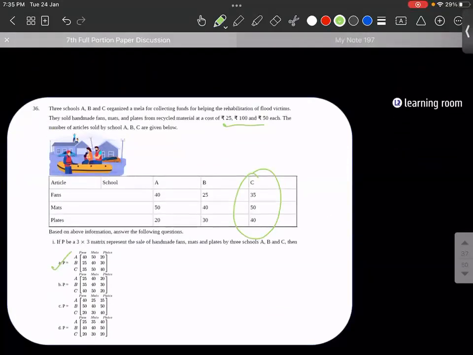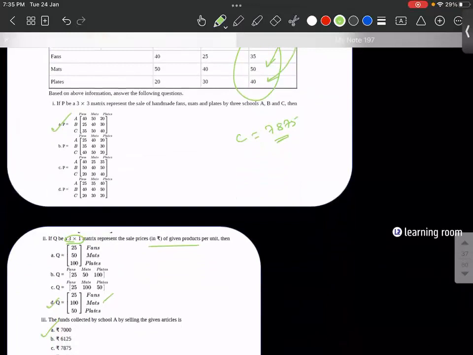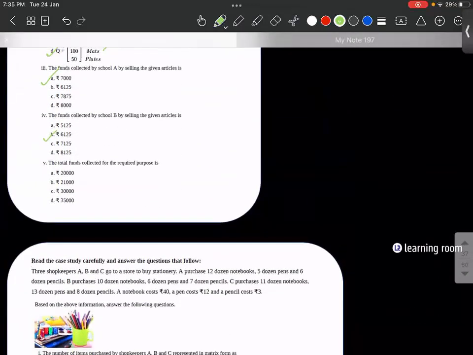So school C, how much did it come to? It should come out as 7875 when you multiply the corresponding values. When you add the total funds, that should come to 21,000.